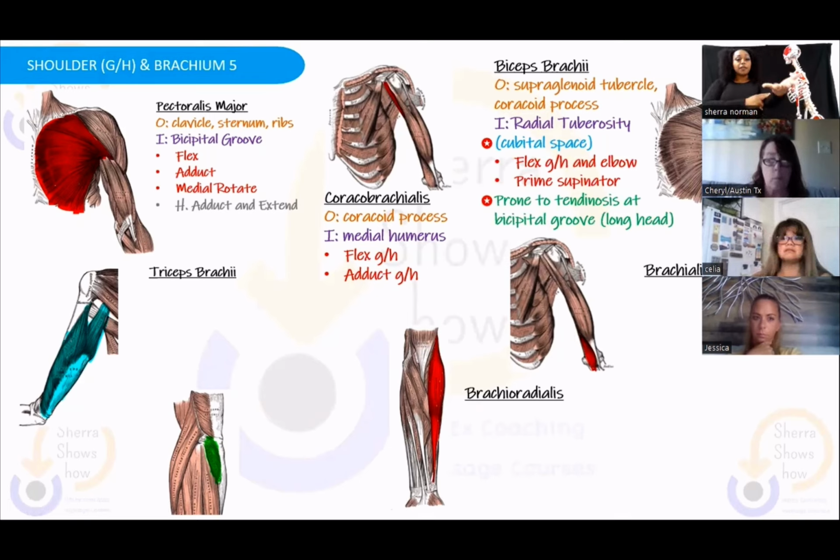It does supinate. If you can't remember whether it supinates or pronates, put your finger right there. They can't take that away from you. Put your finger in here and supinate and pronate. When do you feel it nice and tight? When you supinate, okay? It is prone to tendinitis at the bicipital groove. So sometimes we feel pain right up here in the front of our shoulder.